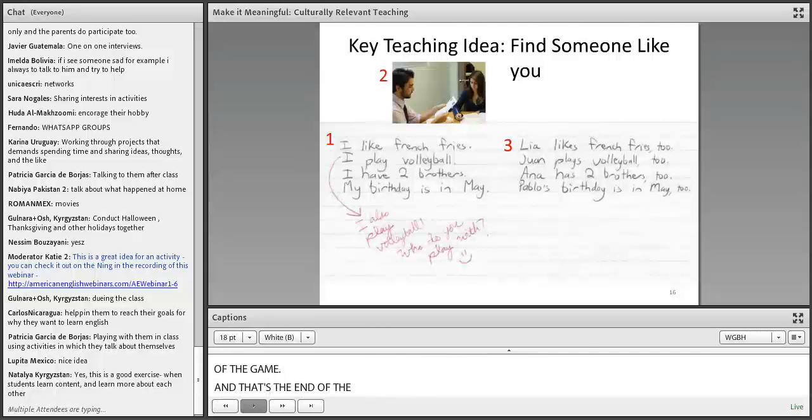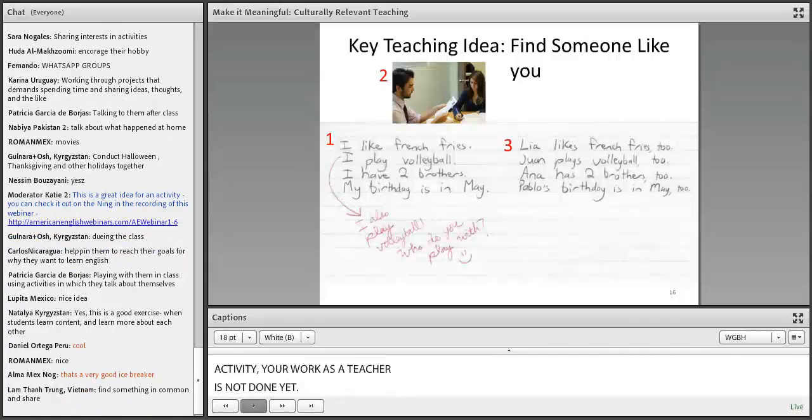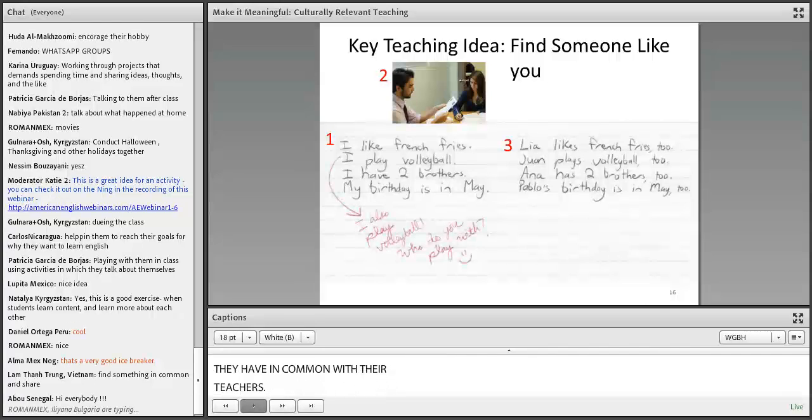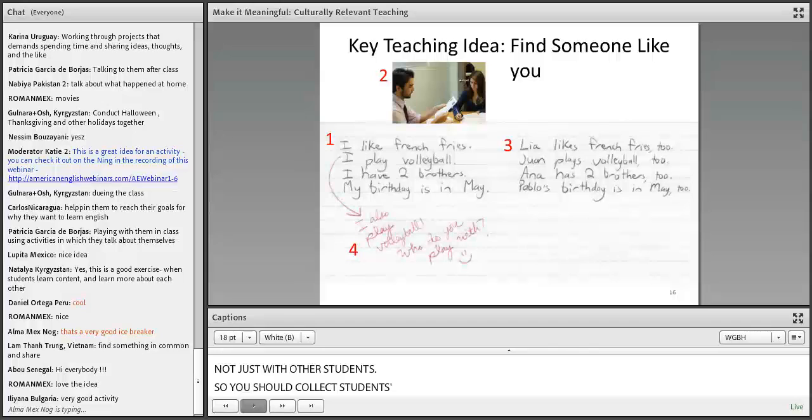But to get the most out of this activity, your work as a teacher is not done yet. We want to show students what they have in common with their teachers, not just with other students. So you should collect students' papers and comment on them, like step 4 here. Here, the teacher also plays volleyball.